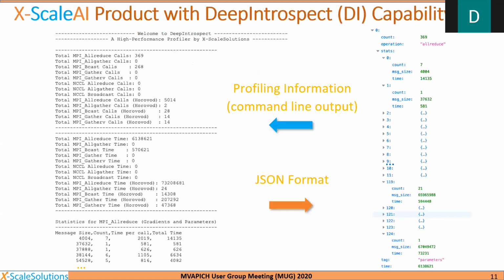As an example, after you run, this is an example of output in text format. I'll soon cover the visualization part. As you can see, we collect all kinds of stats associated with communication specifically. Looking at the left side, the top section is the total number of calls for different collectives.